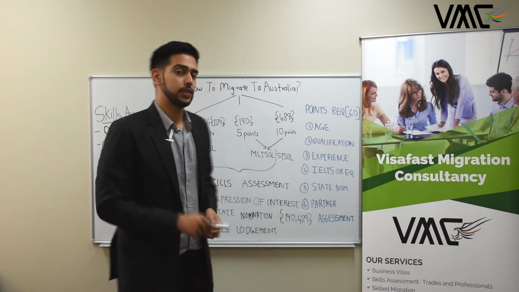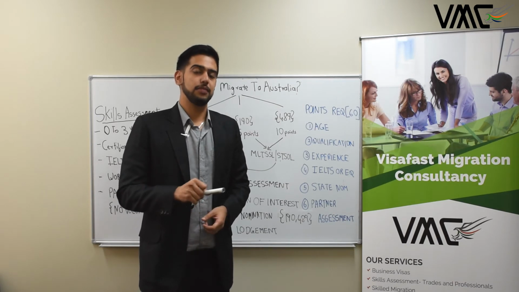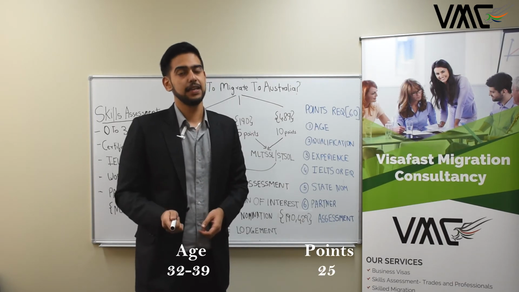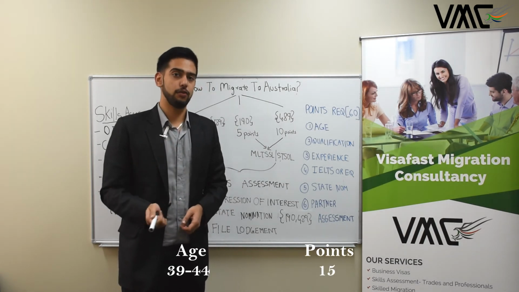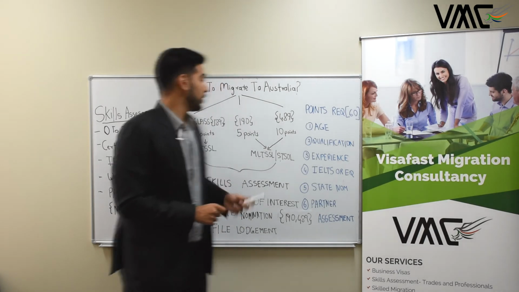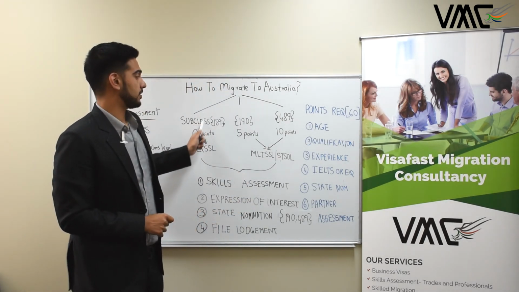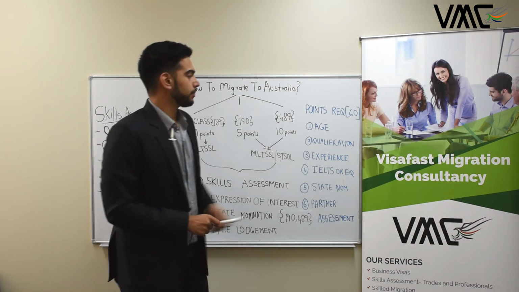Between 25 and 32, you get 30 points. Between 32 and 39, 25 points. And between 39 and 44, you'll get 15 points. The maximum age limit for the GSM visa, the General Skilled Migration visa, is 45.